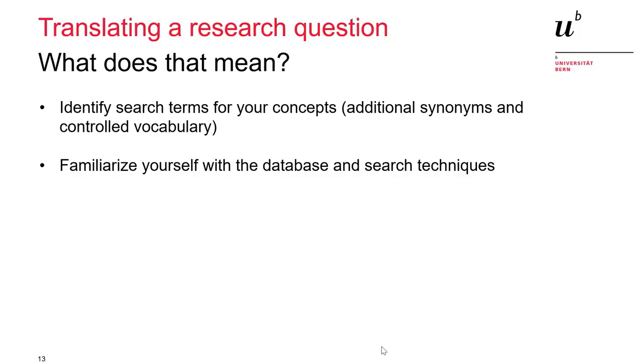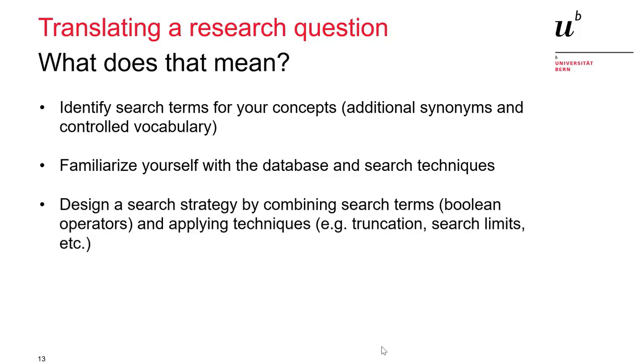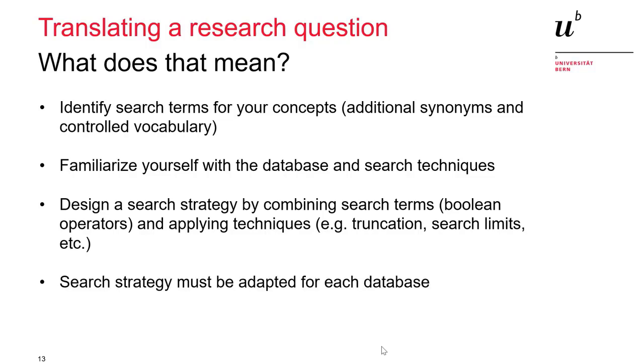We talked about the search techniques earlier in this video, and I gave you an overview of the database that we'll be using in a previous video. You can design a search strategy by combining search terms using Boolean operators and applying the techniques we talked about. Search strategies must be adapted for each database. The search we're designing for PubMed could not be copied and pasted into EBSCO Medline.